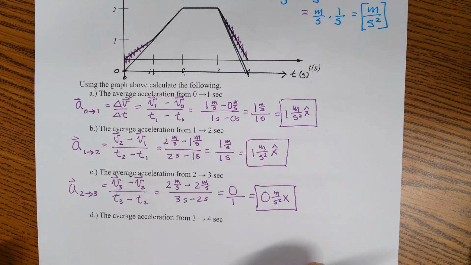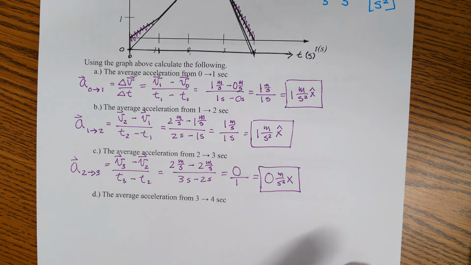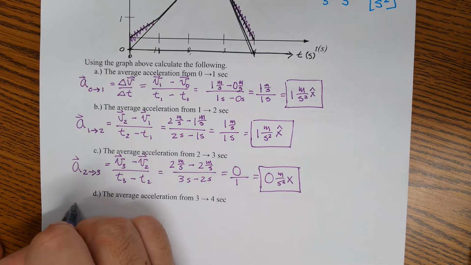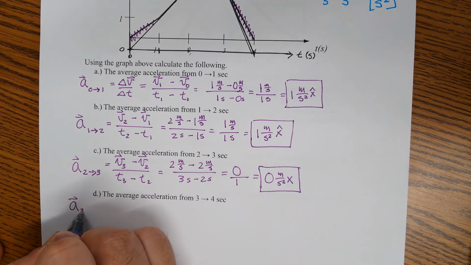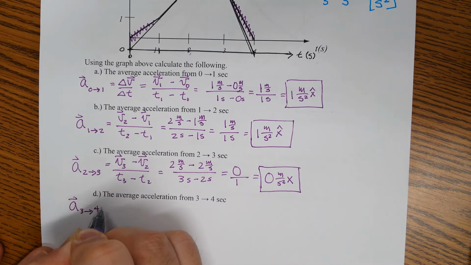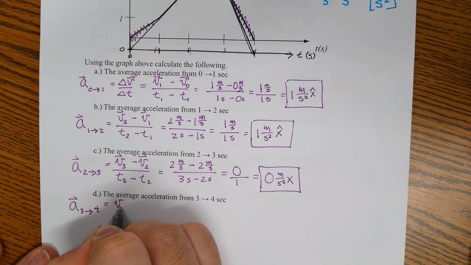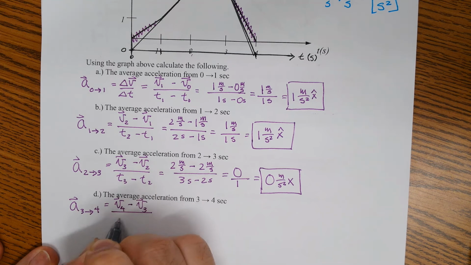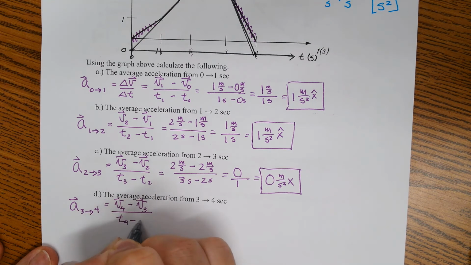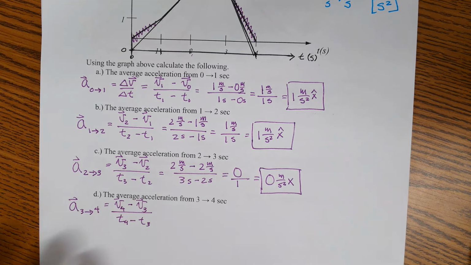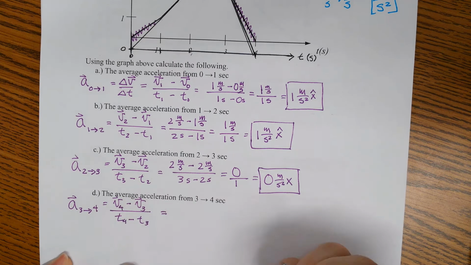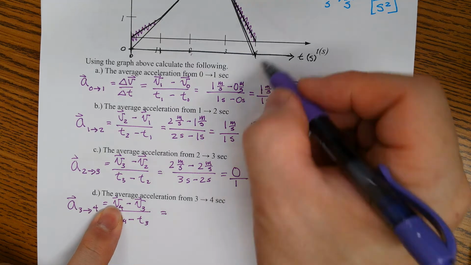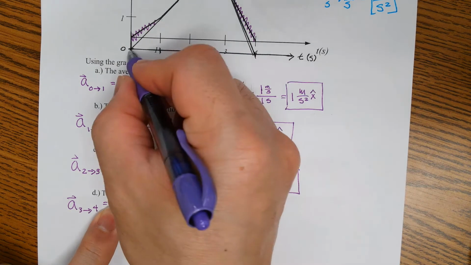All right. So what about from 3 to 4 seconds? So my acceleration between 3 to 4 seconds is velocity at 4 seconds minus velocity at 3 seconds, divided by t at 4 seconds minus t at 3 seconds. Velocity at 4 seconds is 0.